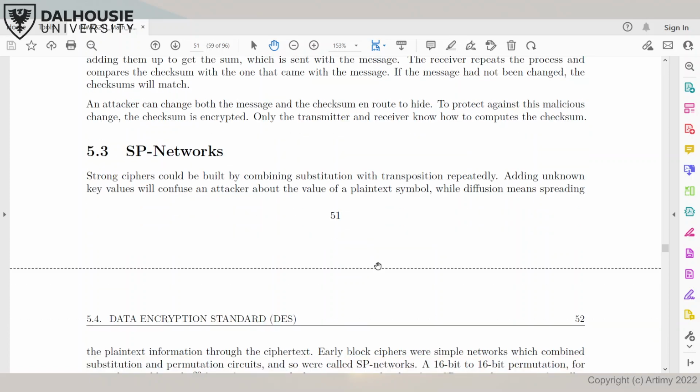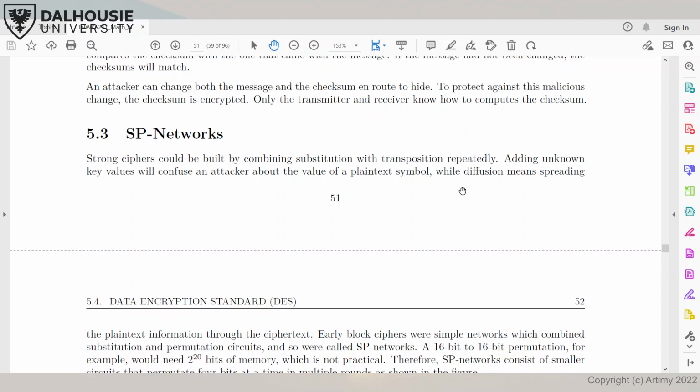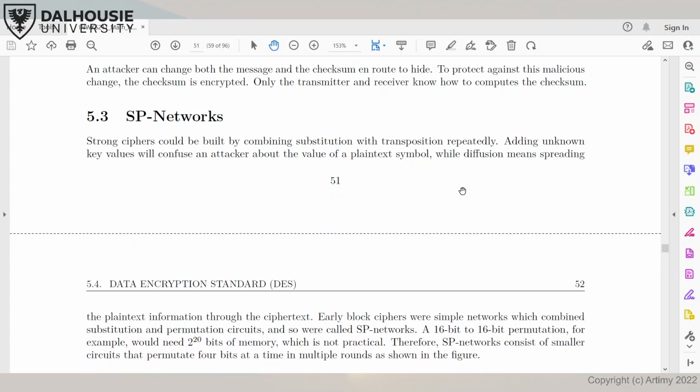Now, most modern cryptography algorithms rely on SP networks. Remember last time when we talked about taking blocks of binary sequence and changing it to another binary sequence, instead of doing substitution and transposition, right?